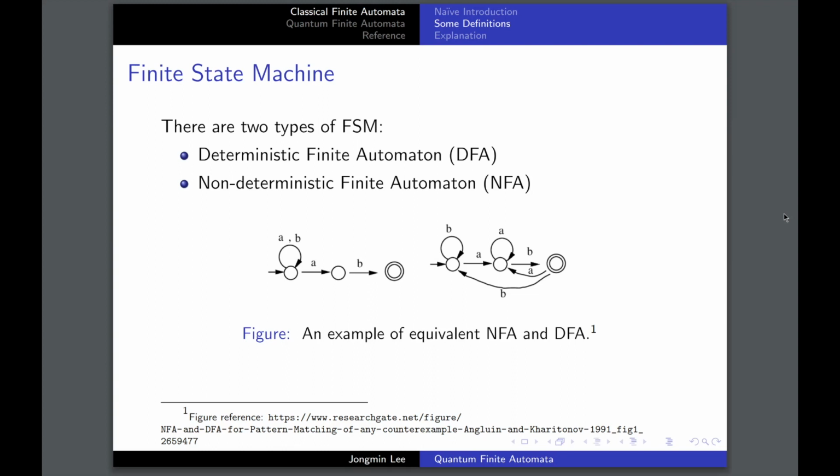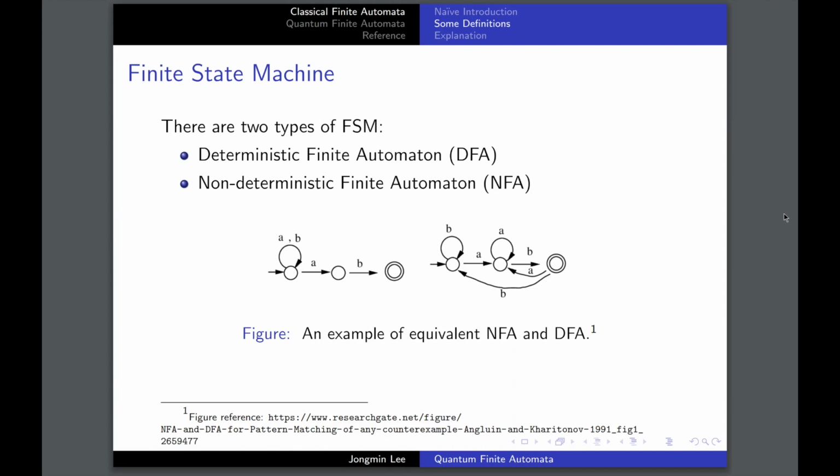But in the DFA model, we can always determine where the state evolves.